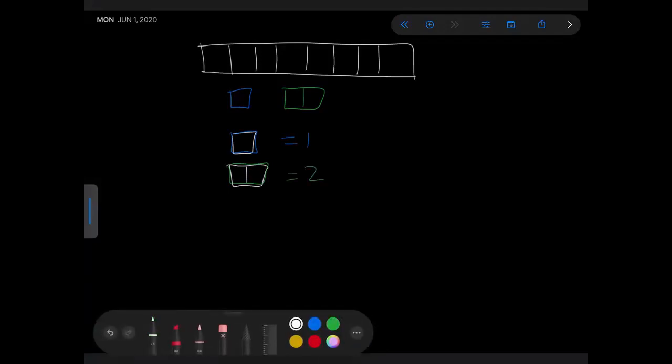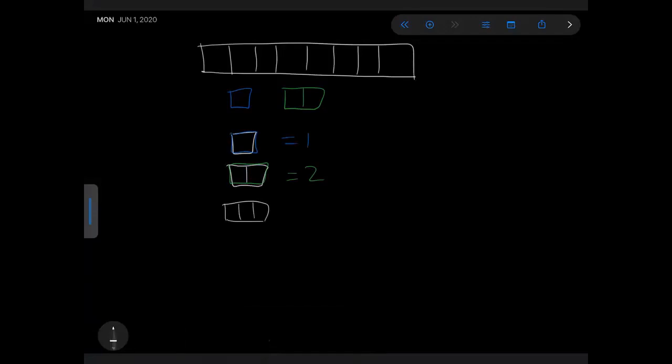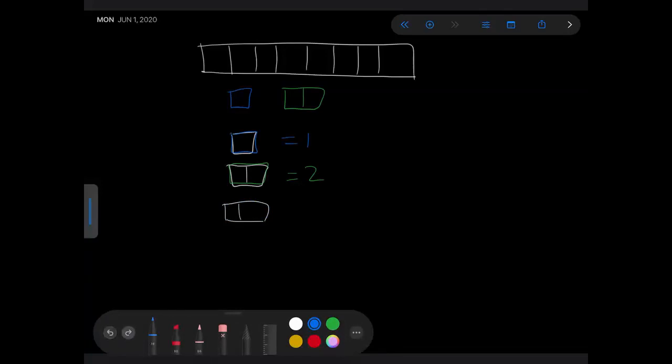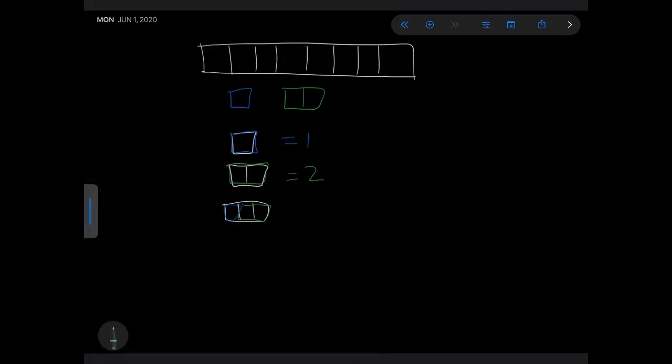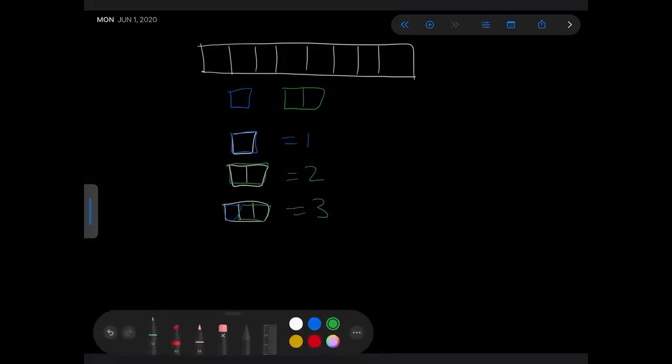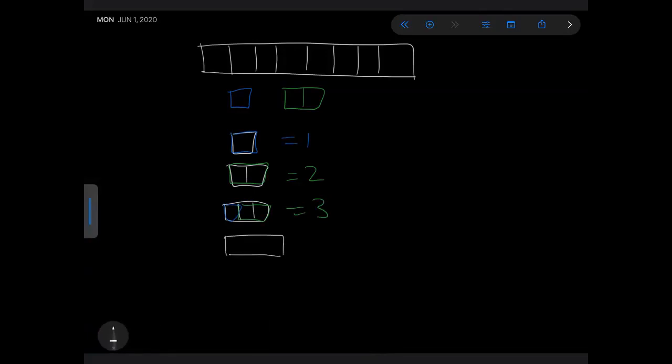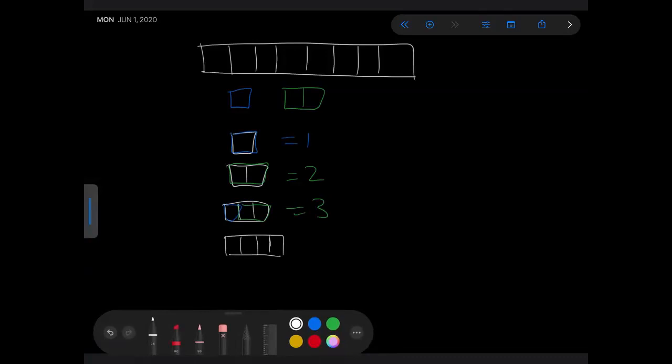What about length 3? There's three ways you can do it. You can take all 1 by 1 blocks, or one 1 by 1 block and one 1 by 2 block, and you can flip that around. So that's three ways. I'm going to do one last one to show the Fibonacci in action. How many ways are there to tile length 4?